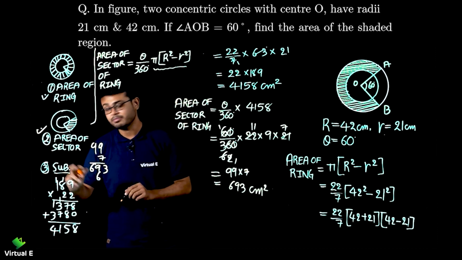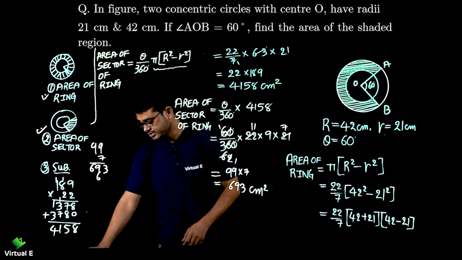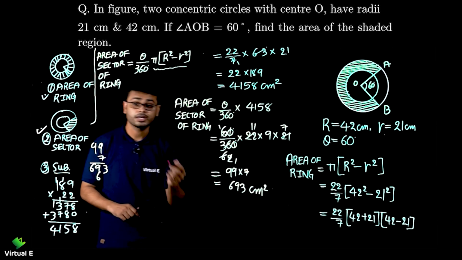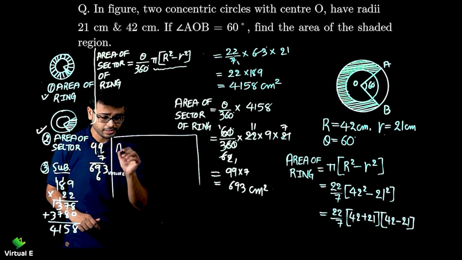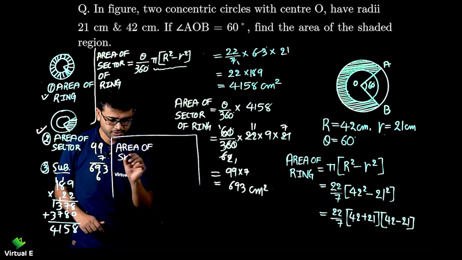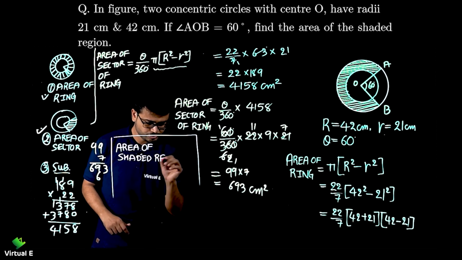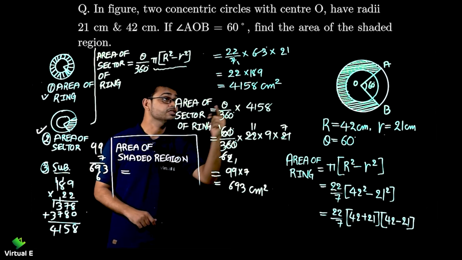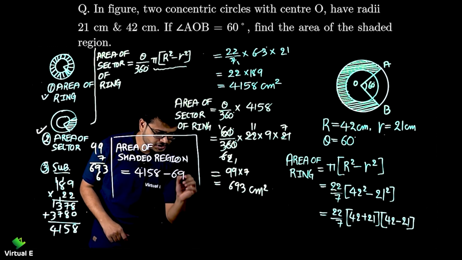Now what is the third step? I need to subtract. So let's find the final answer, subtraction, and we'll get the answer. So area of shaded region I can write, let's do over here, area of shaded region is equal to, I need to subtract this, 4158 minus 693.